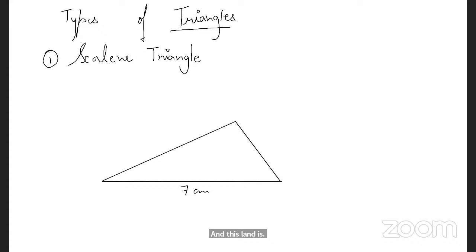This is 6 centimeter and this is 4 centimeter. Can you see that all the three sides are different from each other? No two sides are equal. All the three sides are different in length, right? So a triangle in which all the sides are of different lengths is known as a scalene triangle.